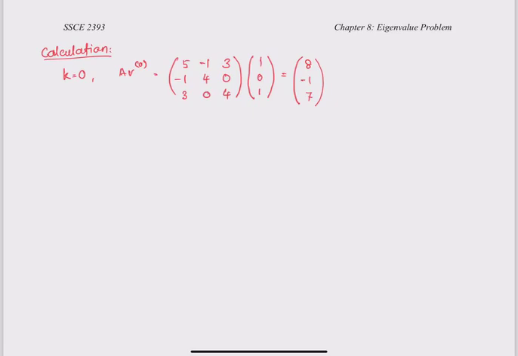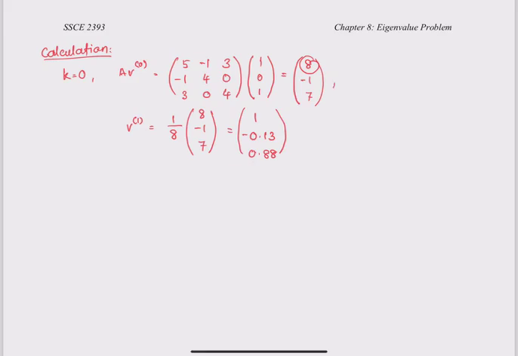And then we can calculate our v k plus 1, so that v1 is equal to 1 over the largest m, which is 8, multiplied by 8, negative 1, and 7, so that we have 1, negative 0.13 and 0.88.